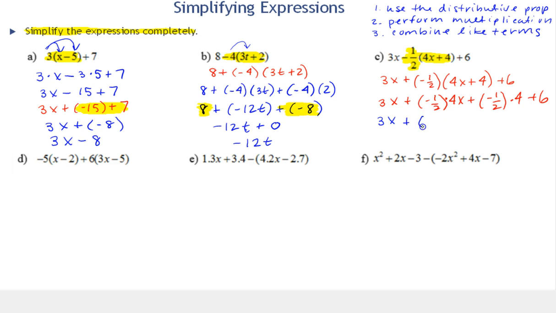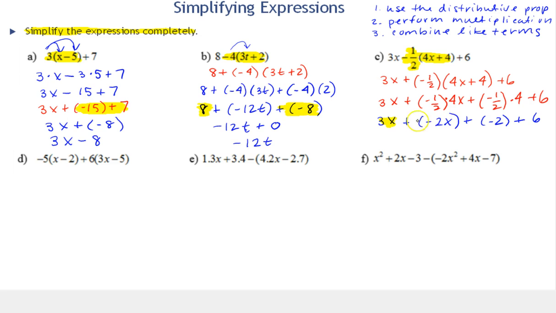Okay. If you need a review on that, you can check that on your calculator. So negative 1/2 times 4 is negative 2 times the x. Now we have plus negative 1/2 times 4, well that's negative 2. And then we have plus 6. Okay. So now we've performed all the multiplication, let's combine like terms.